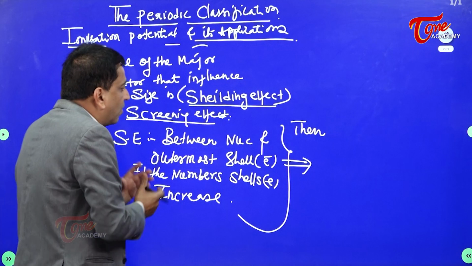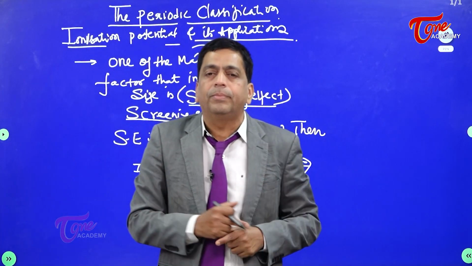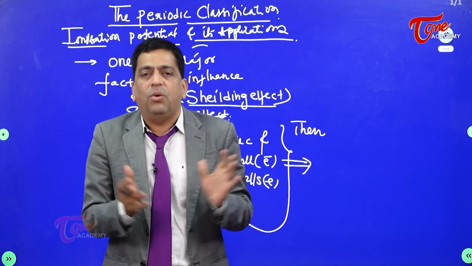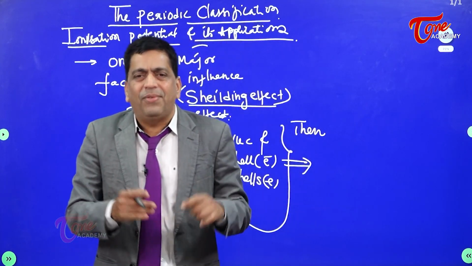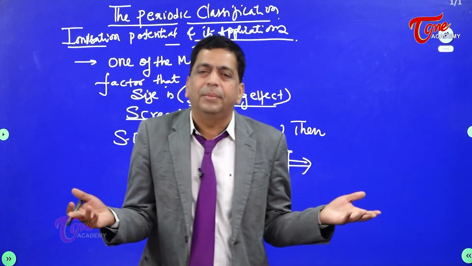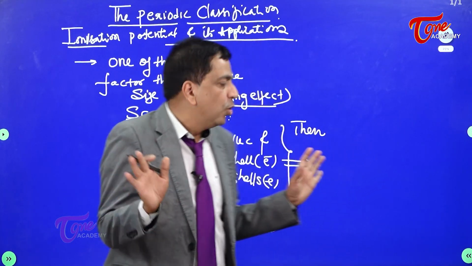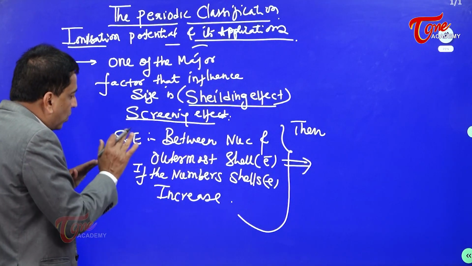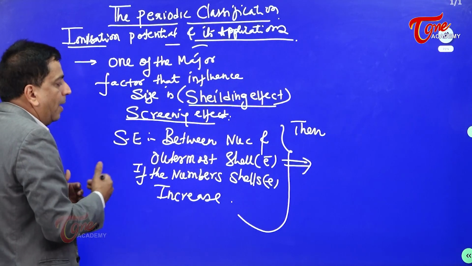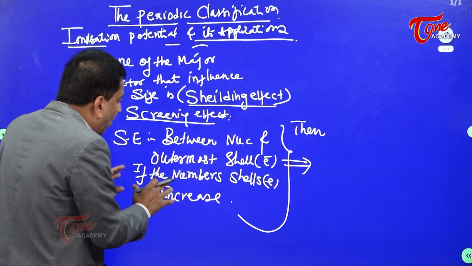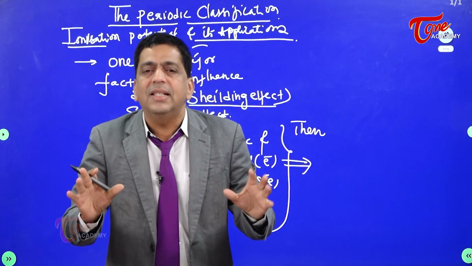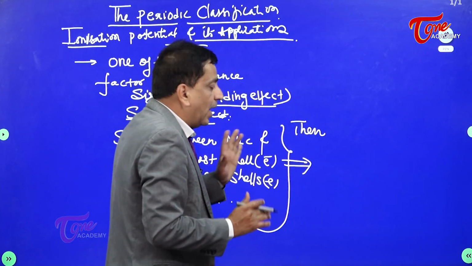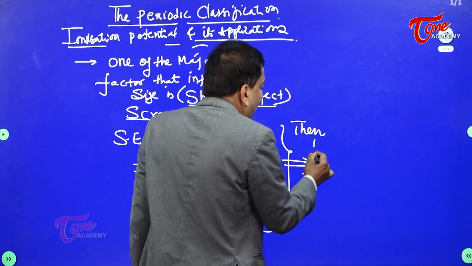The consequence of such a thing, you can't ignore, you can't discount. If it is a small thing, we would have discounted it. Right? So between the nucleus and the outermost shell, if the number of shells increase, then look into this.